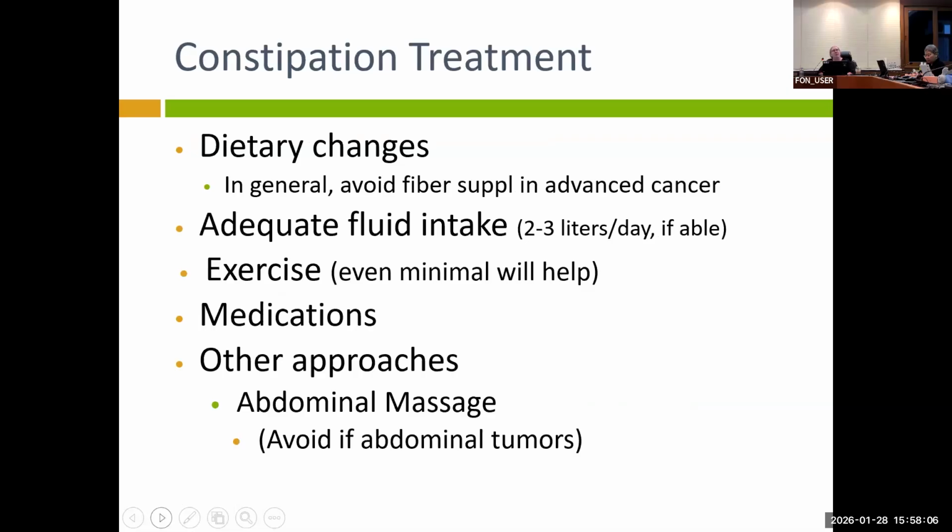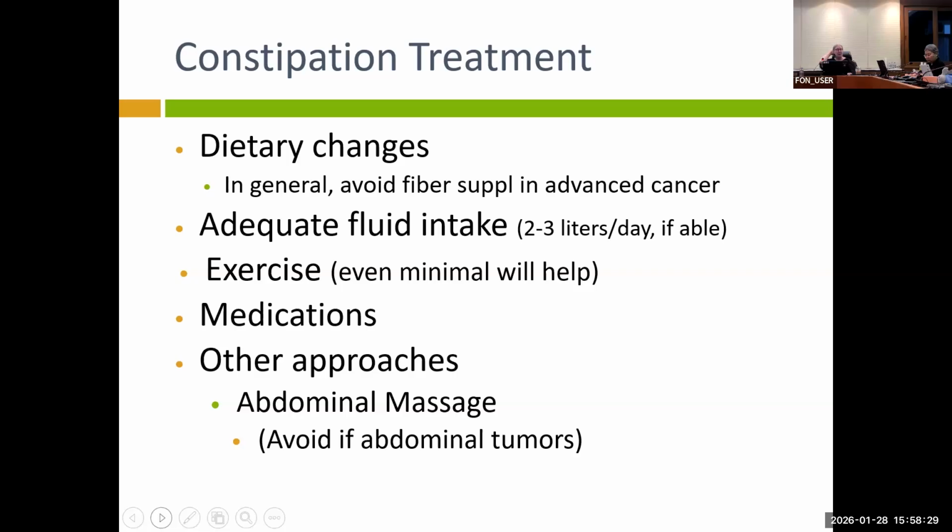What you want to do is, again, avoid the impaction. So some of the things that you want to think about is ask them to have dietary changes. Ask the patient whether or not they can increase their fluid intake.